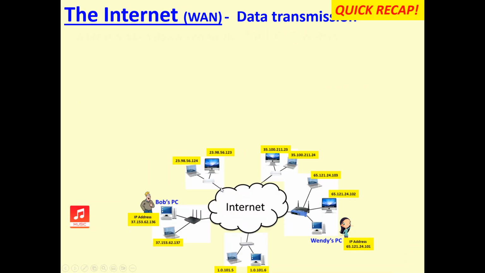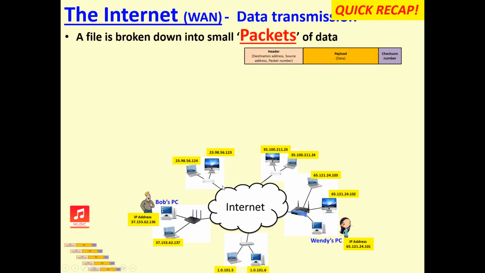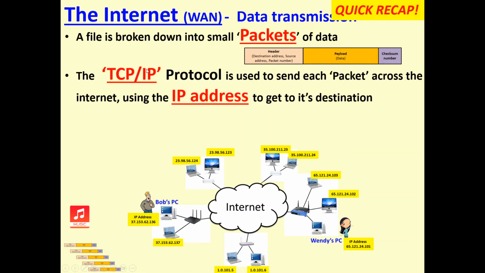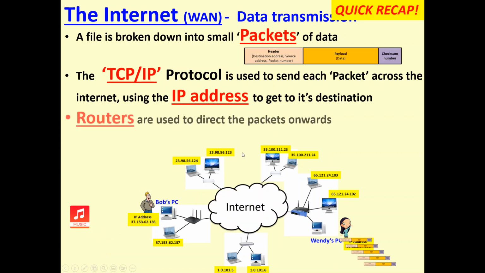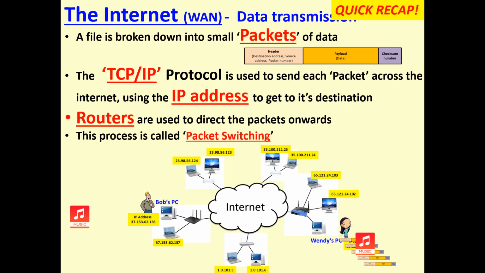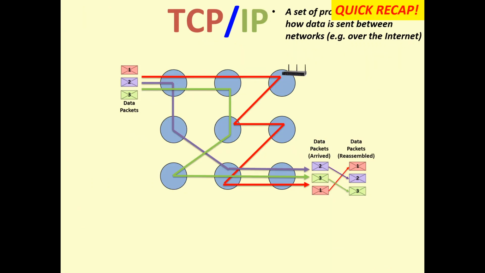It's broken down into frames and sent using Ethernet cable with switches directing. We also looked at the internet, which is broken up into packets, and the TCP/IP protocol is used to transmit data with IP addresses, and routers direct the packets onwards. We also learned about packet switching, which is the TCP/IP protocol. The TCP splits up the data into packets.